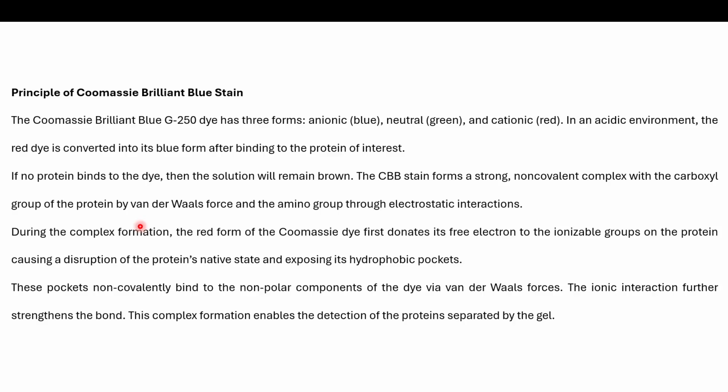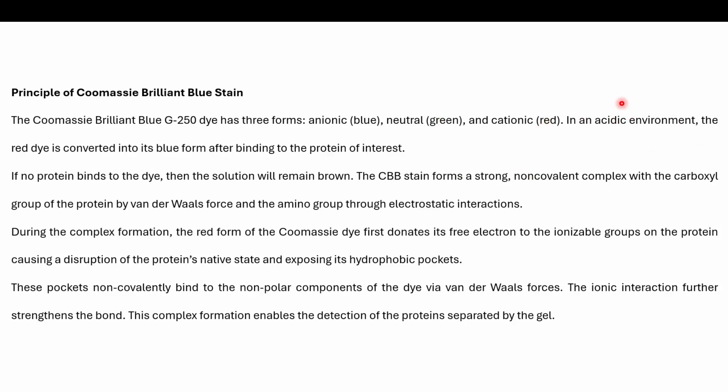So how does Coomassie Brilliant Blue stain work? Suppose we talk about Coomassie Brilliant Blue G250, it has three forms, okay? Anionic blue form, neutral green form, and cationic red form. All right.